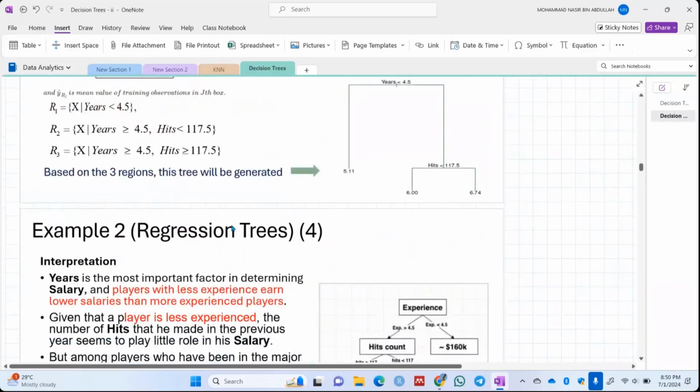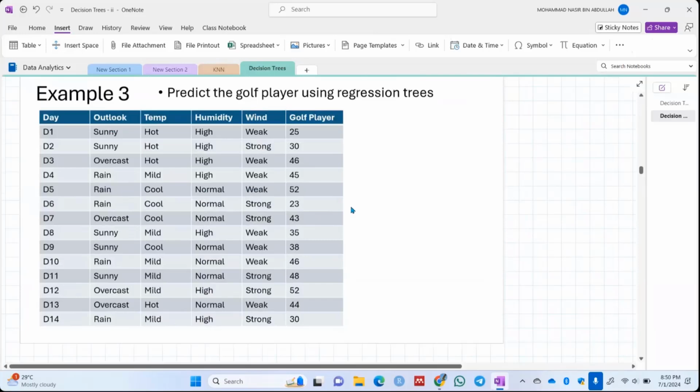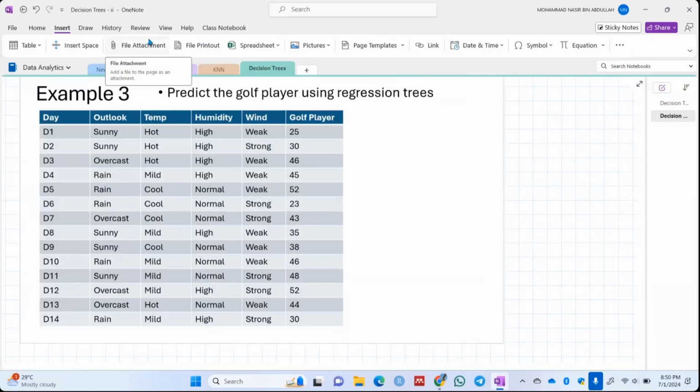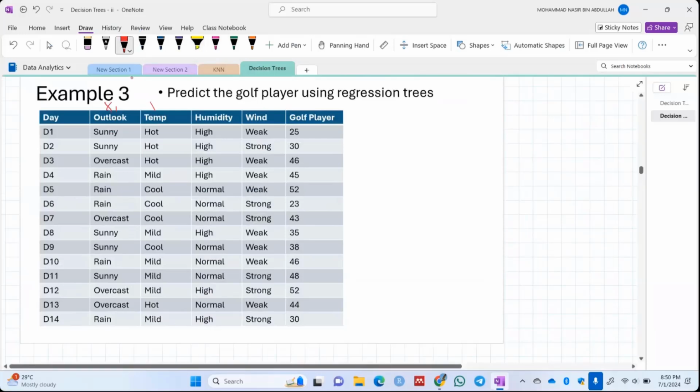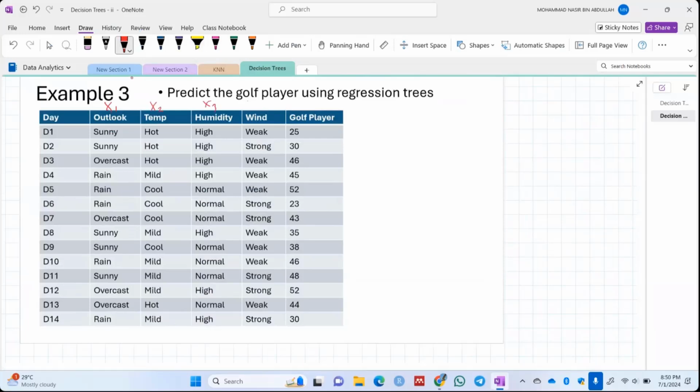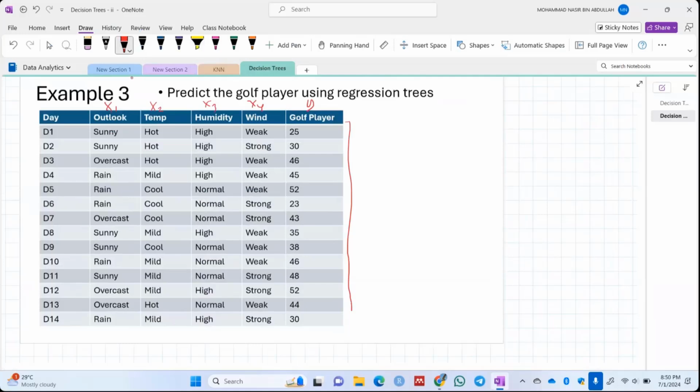Example number 2. We want to do a regression tree. Why is this a regression problem? Because we have 4 independent variables, x1, x2, x3, x4, and we want to do a prediction on golf players, and this golf player is numerical.